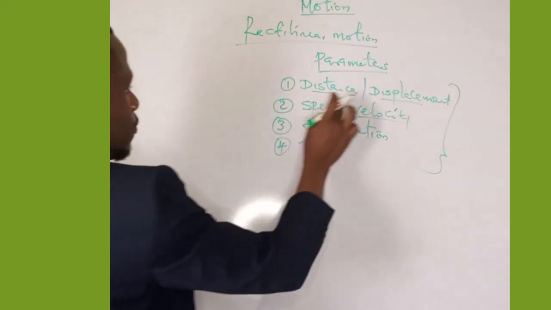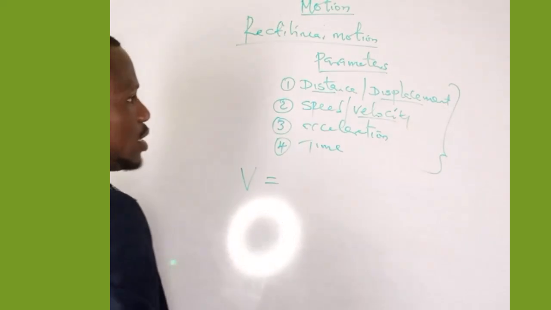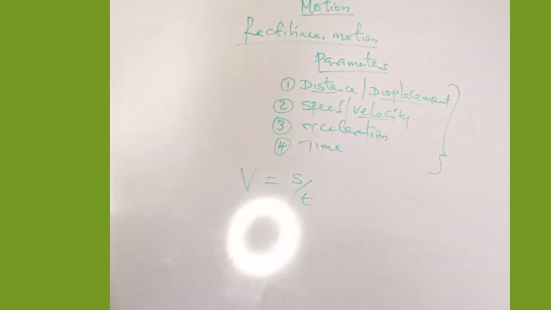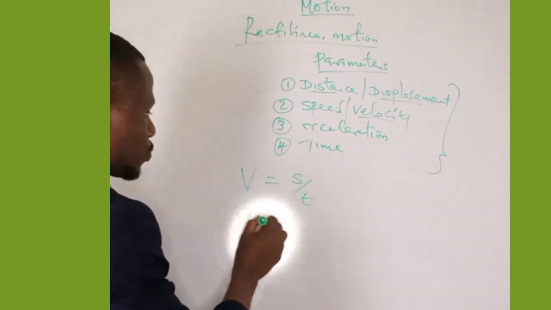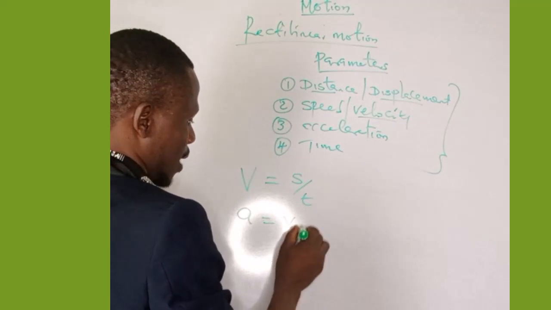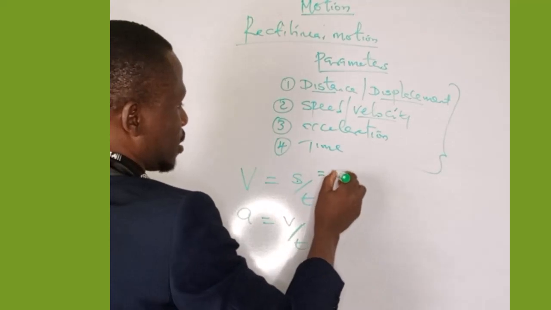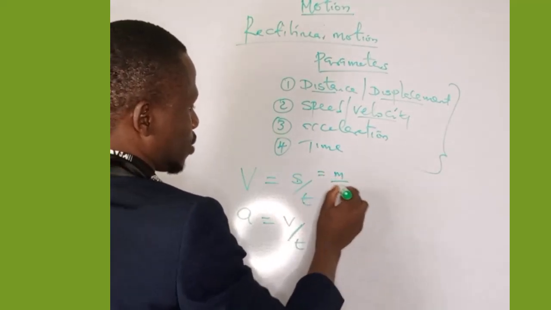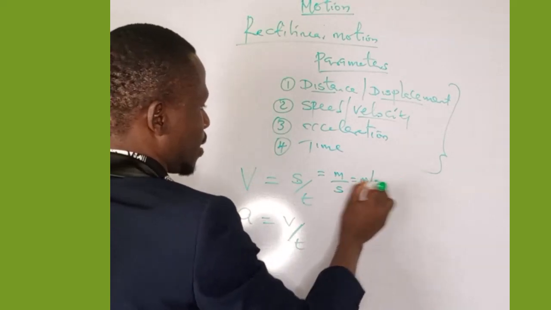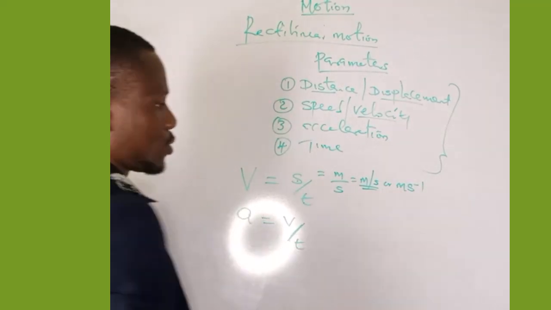So speed or velocity v is change in distance or displacement over time. Remember, acceleration is change in velocity over time, that is the rate of change of velocity. Here, distance is measured in meters, time is measured in seconds. So the unit of speed or velocity is meter per second.